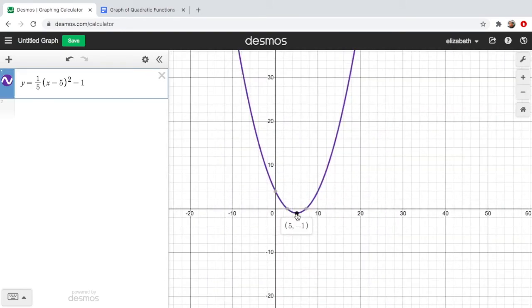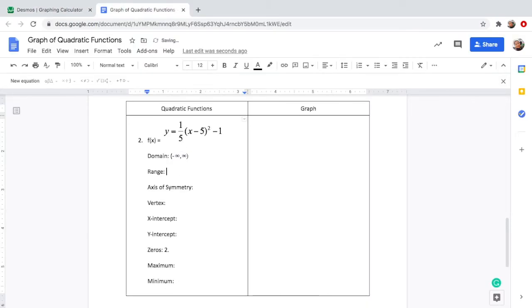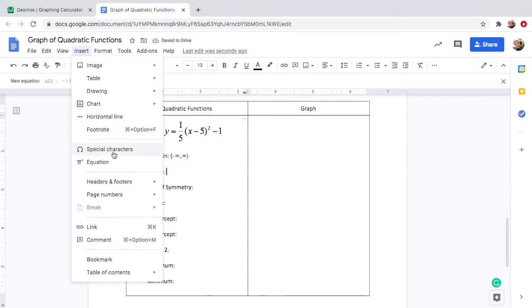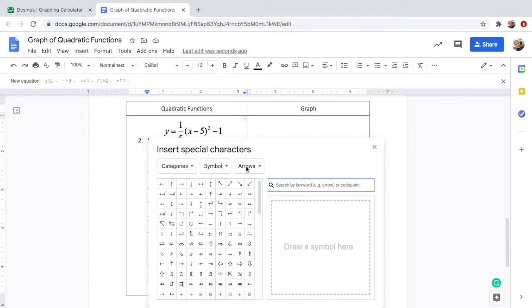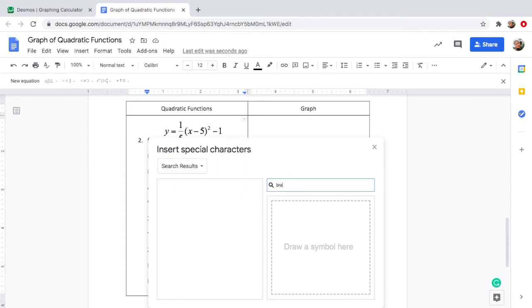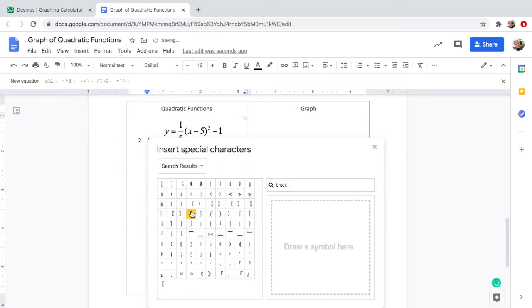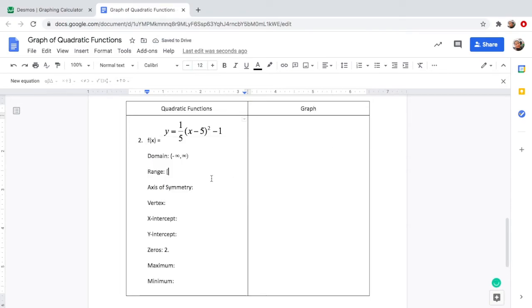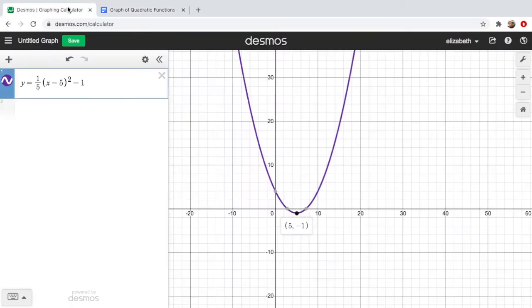The range starts at -1 inclusive. So the range is, so again, if you are using Docs, let's find the bracket. So that will be from -1 up to positive infinity.